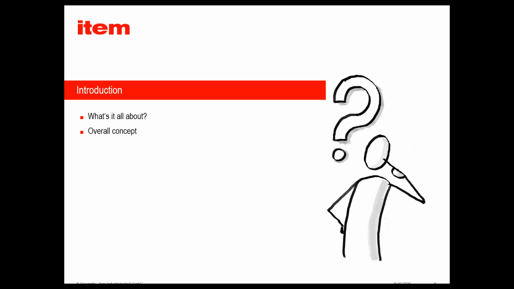Now, for another 2 or 3 minutes, what's it all about and the overall concept of our online tools. Why did we develop something like the item engineering tool? We have seen for a lot of years that there's a big increasing demand for solutions, not only for something which our designers would design for you.